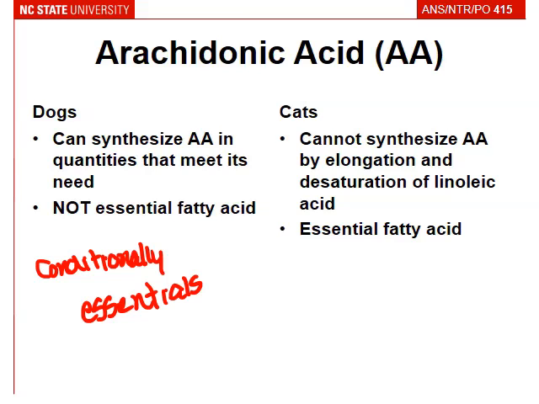If they do not have adequate amounts of linoleic acid, then it will be essential, but they typically get adequate amounts. Cats, regardless of how much linoleic acid they have, cannot synthesize arachidonic acid, or EPA or DHA for that matter. Therefore, it is essential for cats and all obligate carnivores.